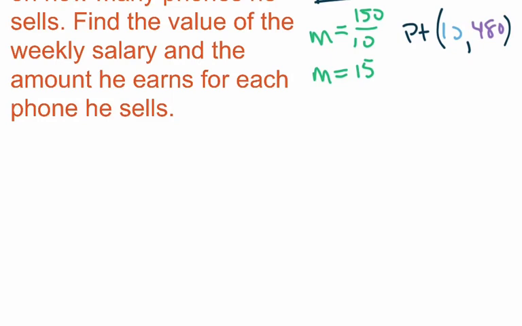We go back to our slope-intercept form, y equals mx plus b, and we're going to substitute all this information into our equation. The numbers are a little bit bigger, but that doesn't matter. They still get substituted in just the exact same way they would even if the numbers were smaller. Go ahead and take a second for yourself, pause the video, and see if you can substitute the values into the formula correctly.